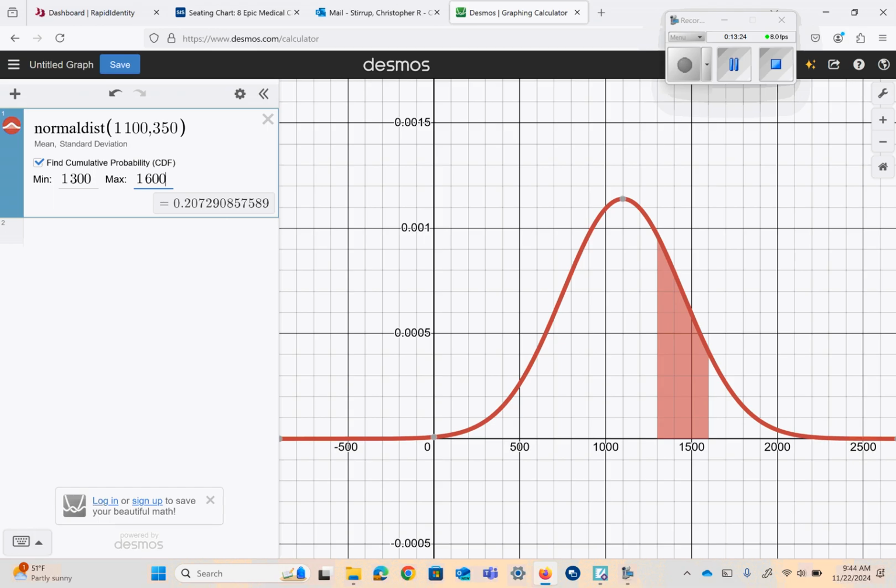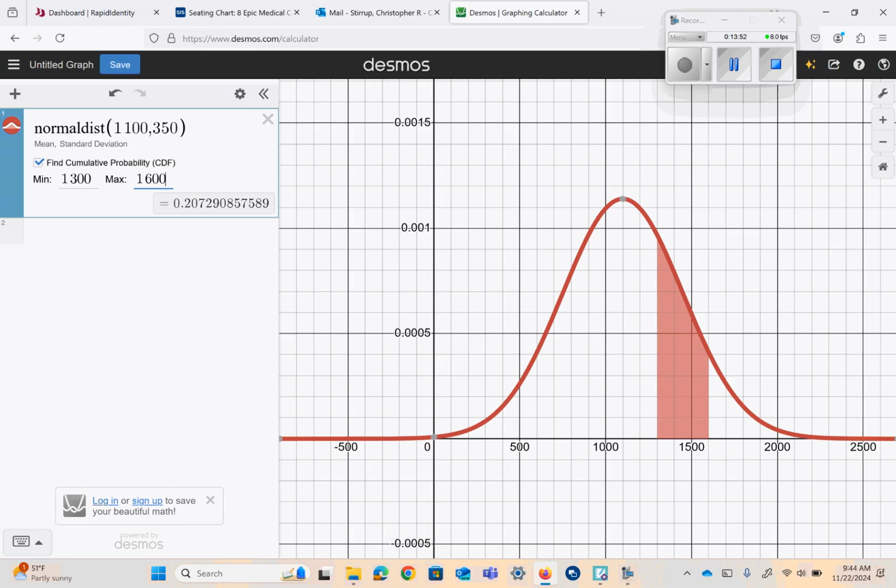Number 8, we're saying these people here account for 0.207 or 20.7% of the sales. But if you read it, it says, what percentage of salesmen will not get a lunch coupon for the following week?